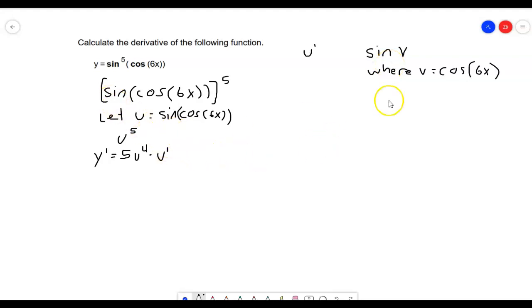To apply the chain rule again, I am going to do the derivative of the outside times the derivative of the inside. So the derivative of u is equal to the derivative of the outside, the sine of v, which is just the cosine of v, times the derivative of v.